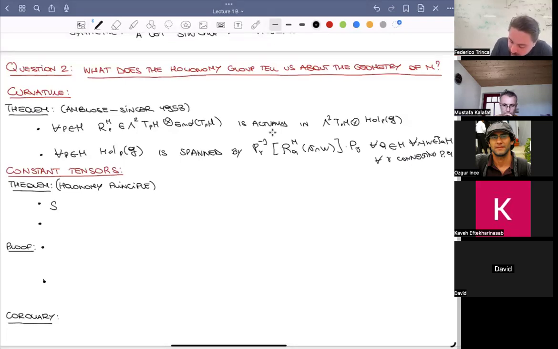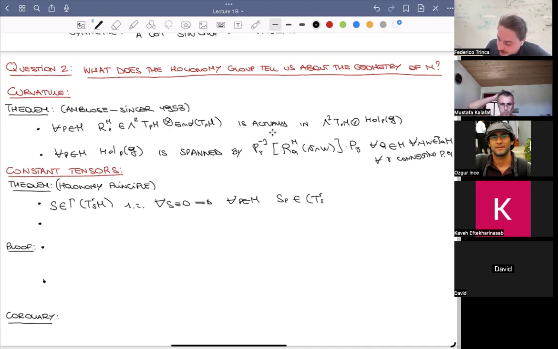So S, a tensor of type (r,s), is such that ∇S is identically equal to 0. If I have a constant tensor, then for every point of M, S_P, an element of T^r_sM at P, is invariant under the holonomy representation.